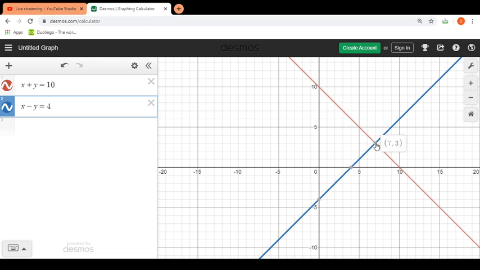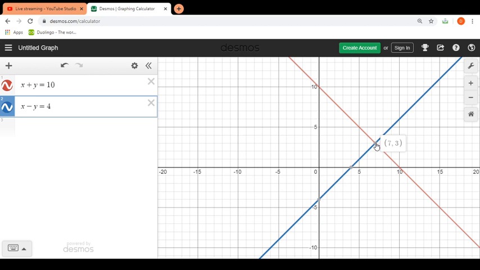This is the point, see, this point is 7 comma 3. Now let us check whether the answer is 7 comma 3 or not. This is the solution. The coordinate, that is the intersecting point, is 7 comma 3. So the x coordinate, 7, tells you the number of girls in the class, and 3 is the number of boys in the class.